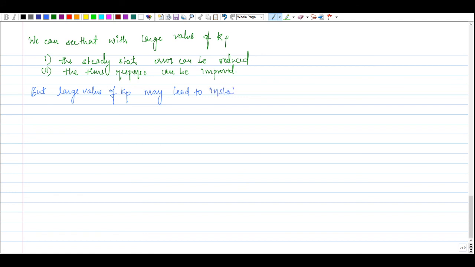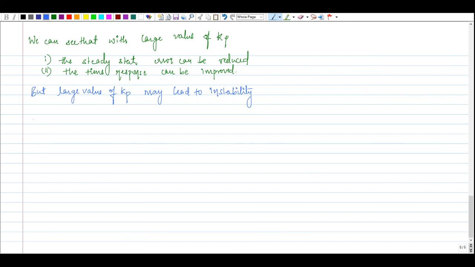So your system pole may get shifted towards the j omega axis and it may reach the right hand side. So it may lead to instability. So whenever we are choosing the Kp gain, a compromise has to be made between what should be our error and what should be the stability margin. There will always be this compromise whenever we are selecting Kp.